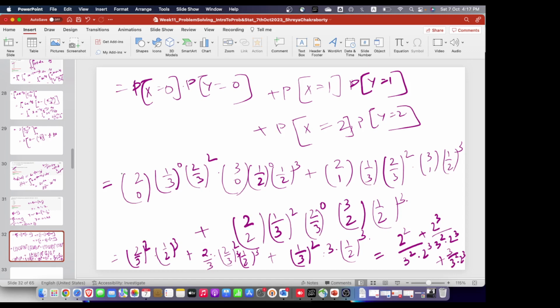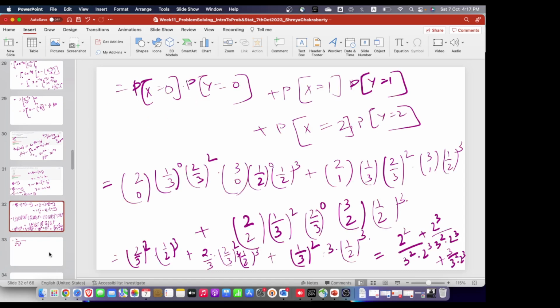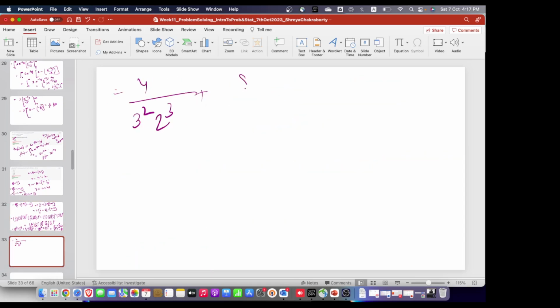So ultimately we would have 4 by 3 square 2 cube, plus 8 by 3 square 2 cube, plus 3 by 3 square 2 cube.